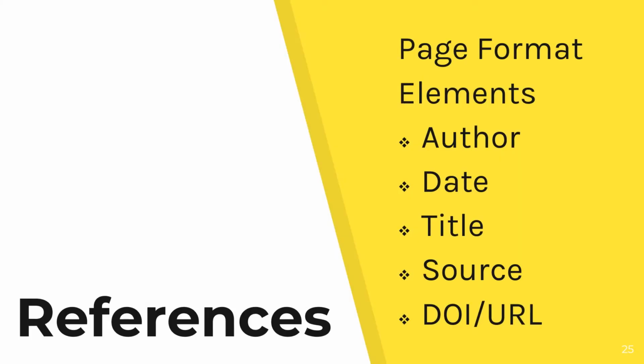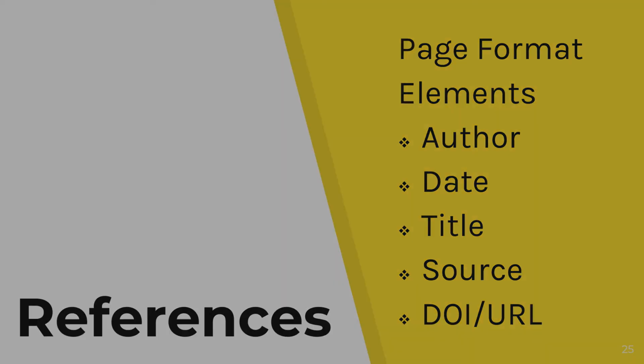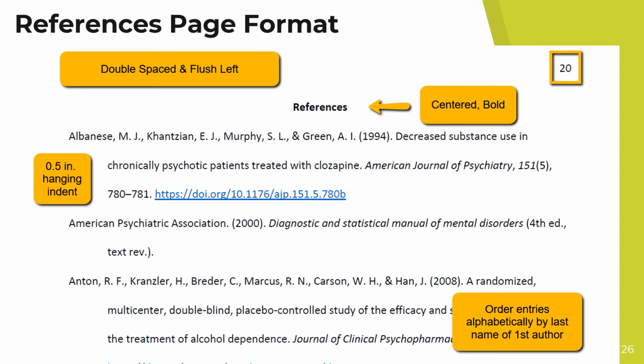Now we will look at the needed elements for your references and how to format them. Your references page needs to be on a new page after the text of your paper. References will be centered and bolded. It is acceptable to use Reference as the label when you cite only one source in your paper.